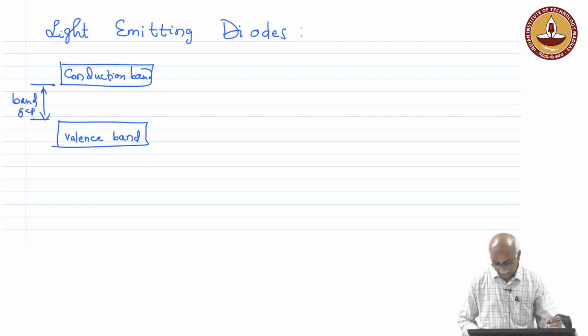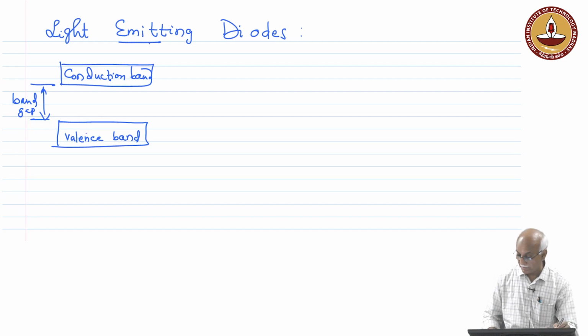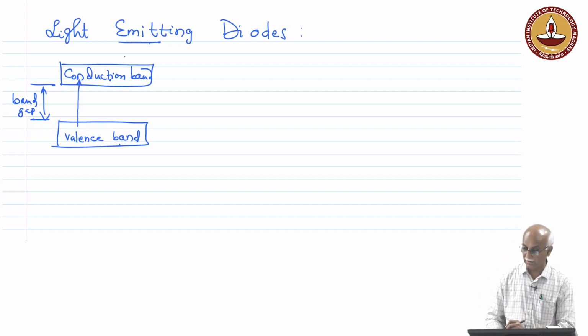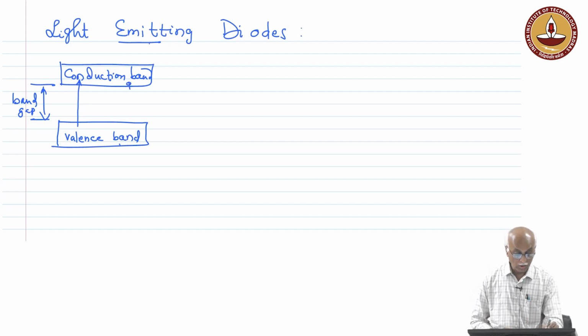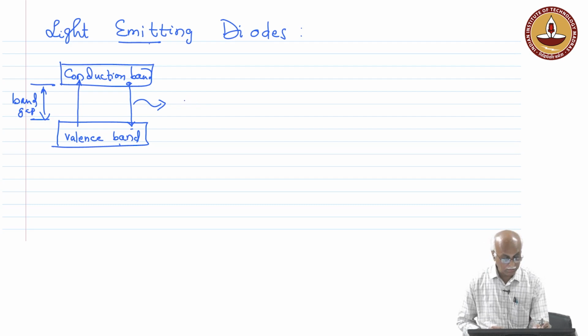When we excite this material by applying an external electrical input, then from the valence band, depending upon the doping characteristics, the electrons can jump to the conduction band, and then when this electron combines with the hole over here, this combining of electron with hole will emit light, resulting in an optical output.